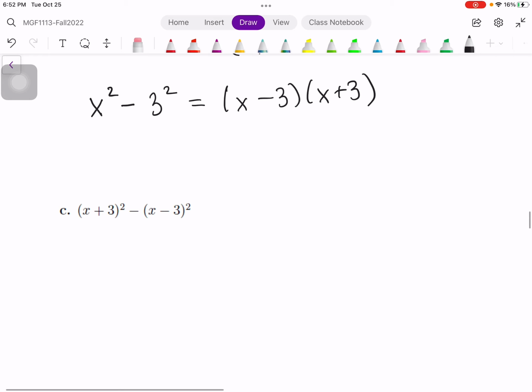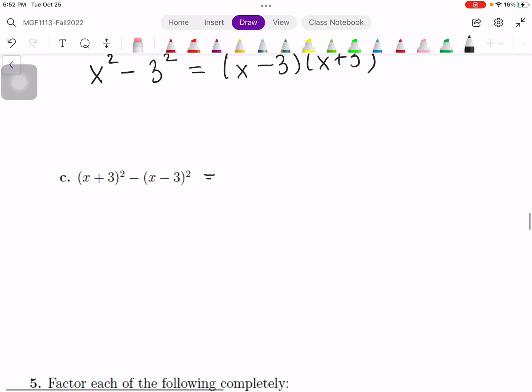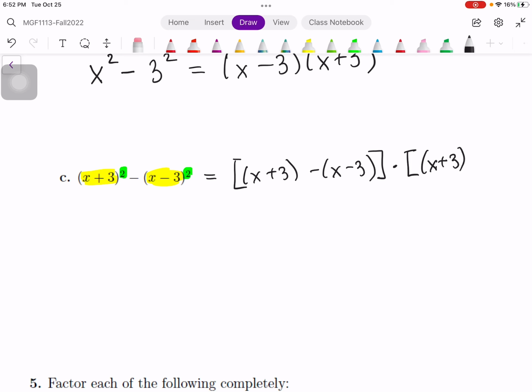Okay, so let's do this example. Since I see a difference of squares, right? This and this and this, they're squares. So now imagine removing the squares. That's going to be your one factor, and then write the same but with the sum in between.